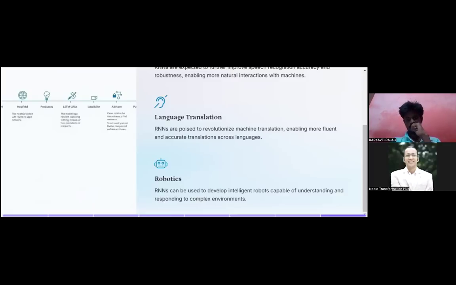You will see Alexa creating a new kind of wave, because everything will be connected. Right now it is connected, and it will be even more so when IoT is there. You give commands and it is going to control your house. If you are living in America and your house is in India, anywhere in the world, you can control each thing.